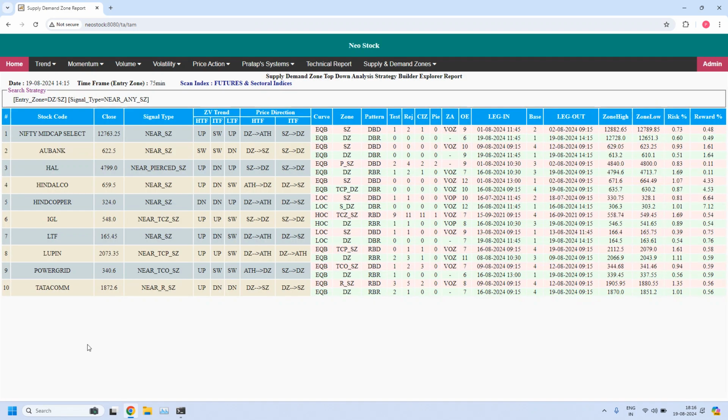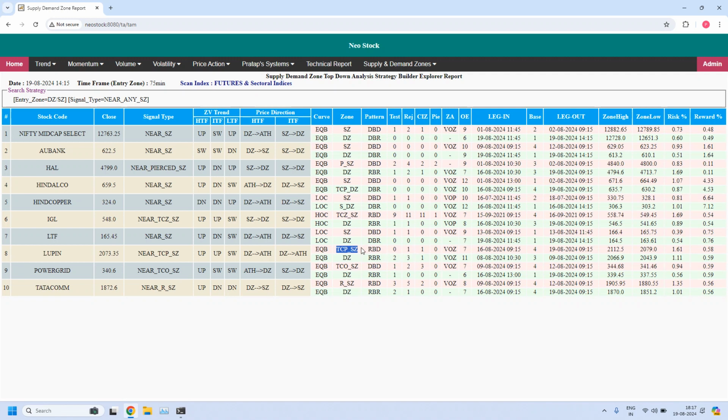10 stocks are filtered. Let us verify any high liquidity supply zones from the 75 minutes time frame. So Lupin is having a high liquidity supply zone, already having a rejection from this zone.